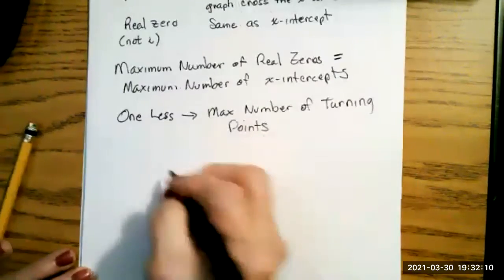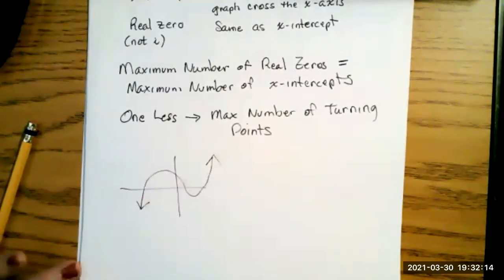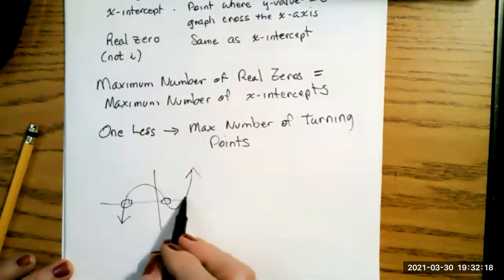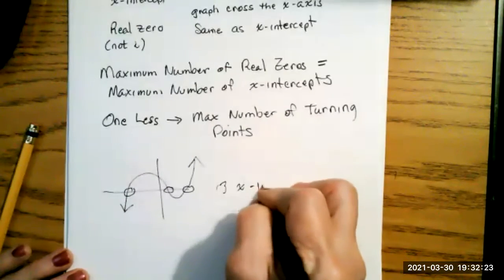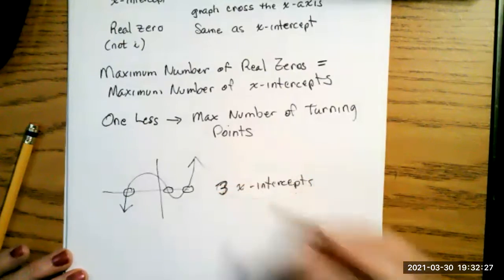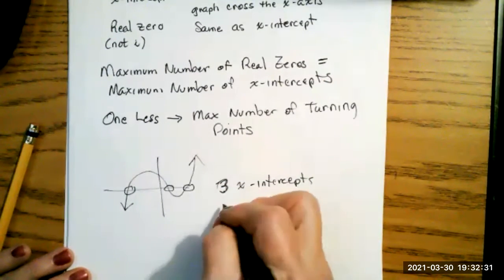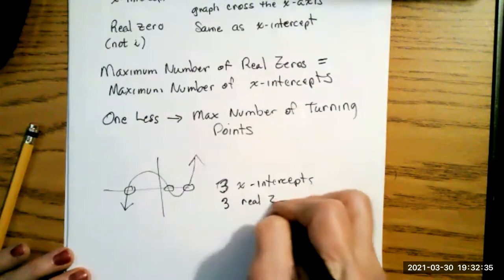And let's just do an example. Let's just do a cubic curve here. There's 1, 2, 3 places that have x-intercepts. Those circled places. There's going to be 3 real zeros.